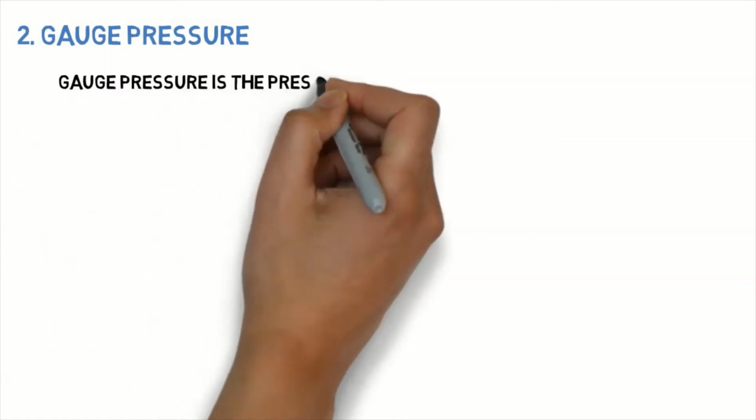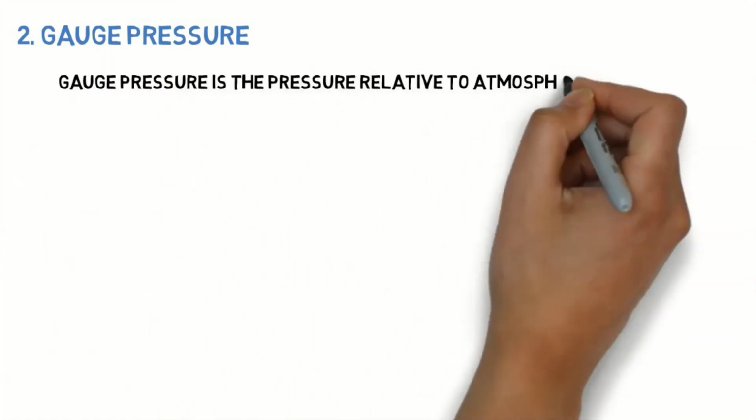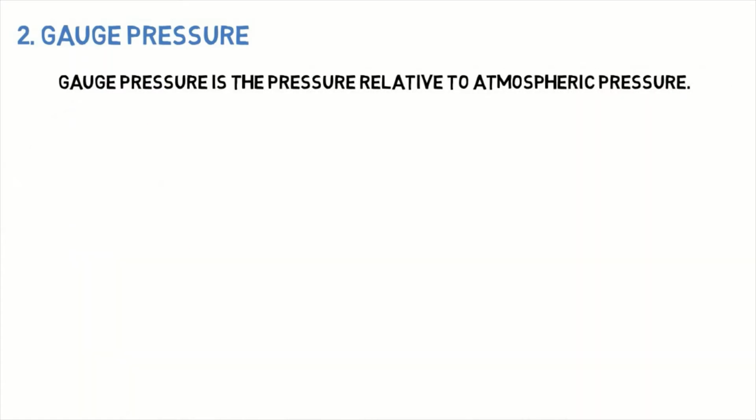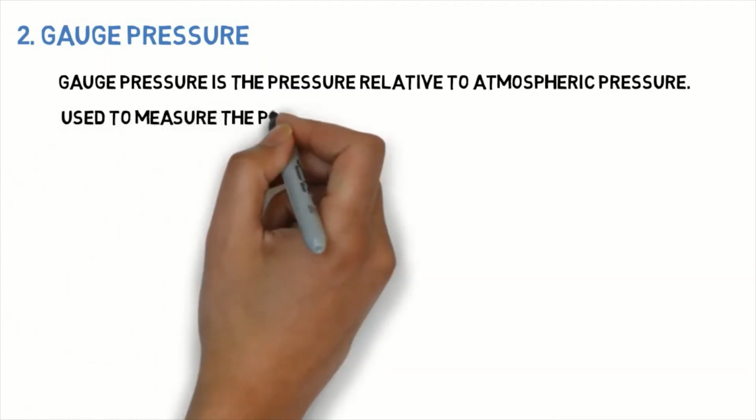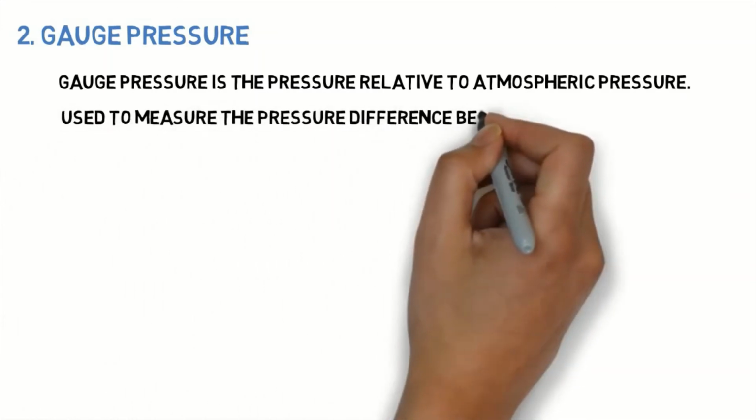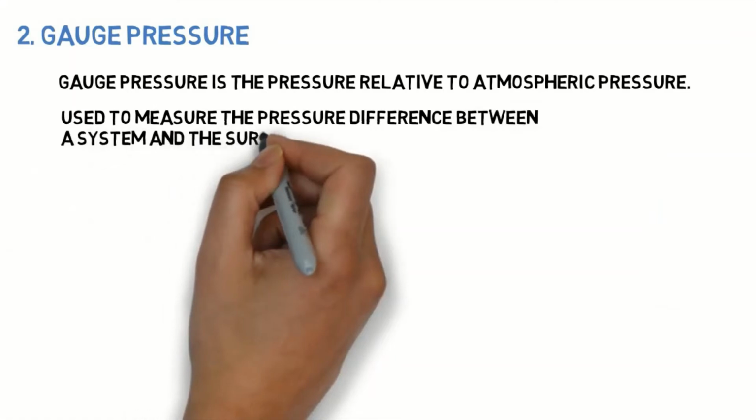Gauge pressure is the pressure relative to atmosphere. Gauge pressure is used to measure the pressure difference between a system and the surrounding atmosphere.